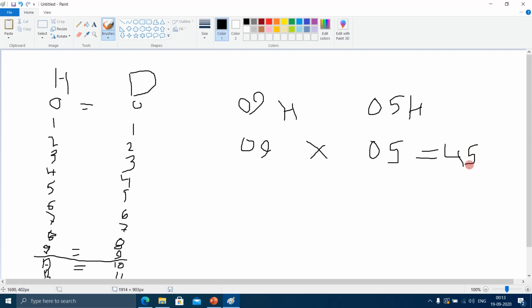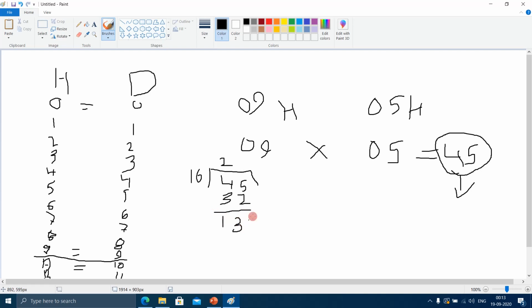Now the result which we got is in decimal. We will convert it into hexa. How can we convert it? We will divide 45 by 16. 16 twos are 32, and we get remainder 13.